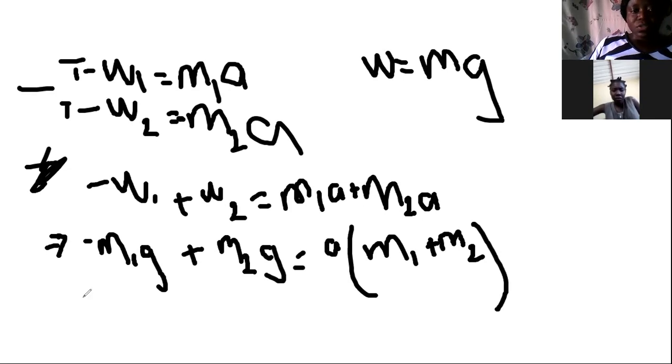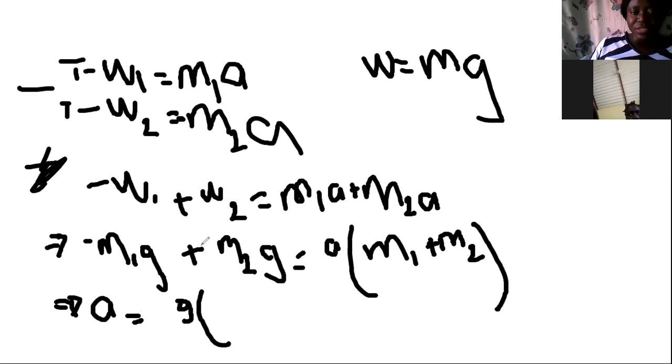Okay, so which means I can find out what my acceleration is. My acceleration equals, I can factor out G from this side. I can take M2 so I can have negative on the other side. Don't get confused here. I just move M2 to this side.